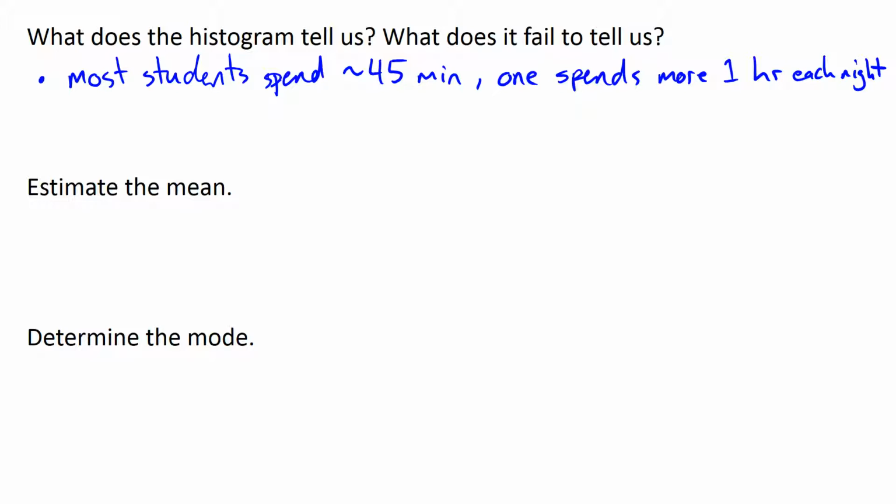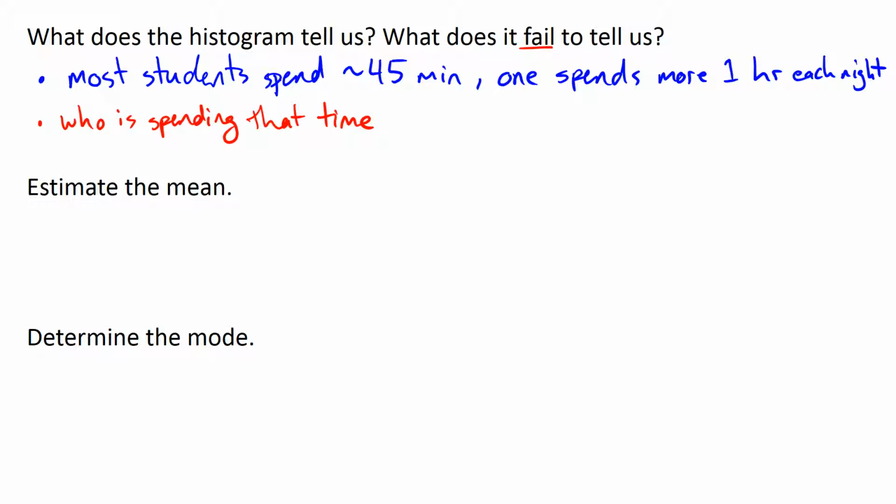What does the histogram fail to tell us, though? Well, it fails to tell us who is spending that time. You know, it doesn't tell us, is Jim spending the right amount of time, or is he spending too little or too much? And it also doesn't tell us whether or not this homework time is effective.